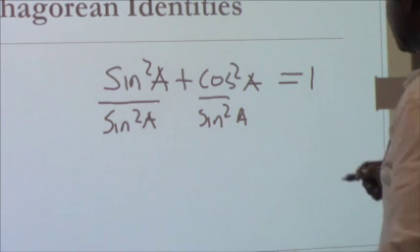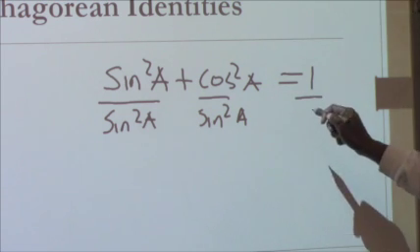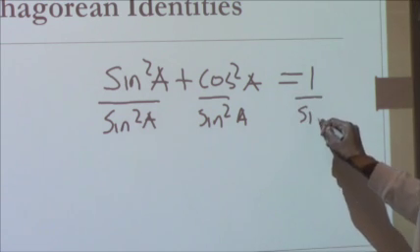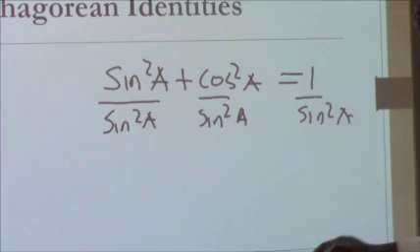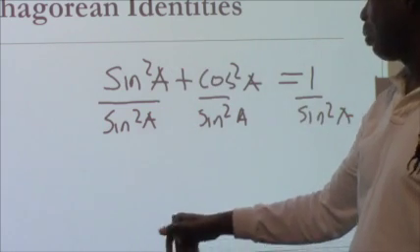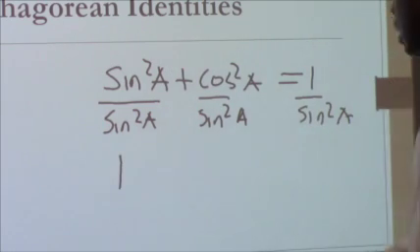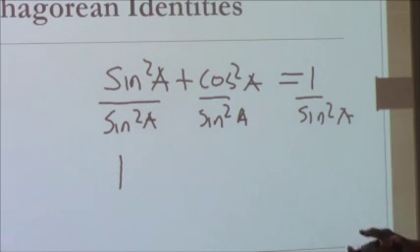Well, I'm proving the last one actually. And then divide this by also sine squared A. So sine squared divided by sine squared is going to be 1. Now cosine over sine is one of those quotient identities.